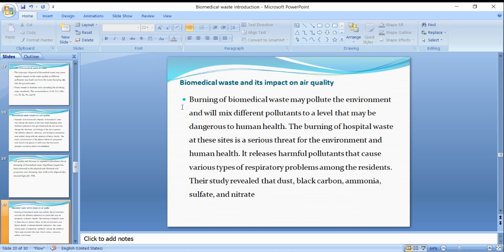We have already seen the heavy metals in the water, as they mix with the water. So ammonia and carbon we have seen, and nickel, nitrate, and also sulfate. All these are produced, mixing in the soil, and also in the water.